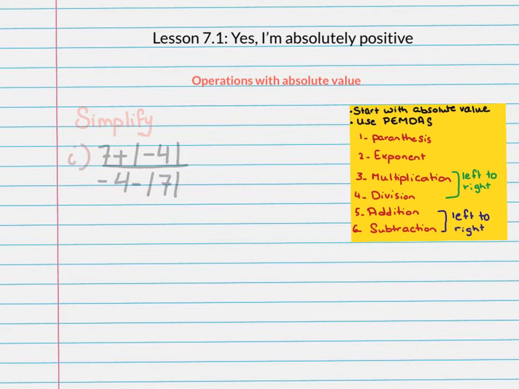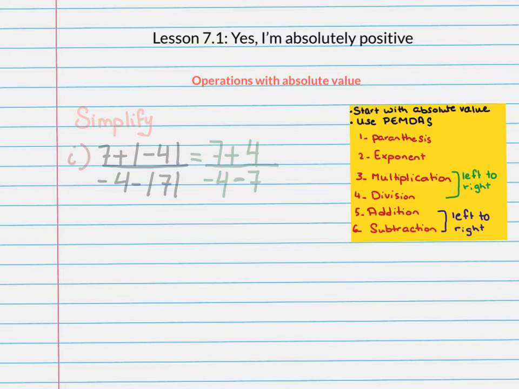Here we have division. Remember, we have to finish what's in the absolute value first. So 7 plus the absolute value of -4. The absolute value of -4 is 4, divided by -4 remains as is, minus as is. Absolute value of 7 is 7.